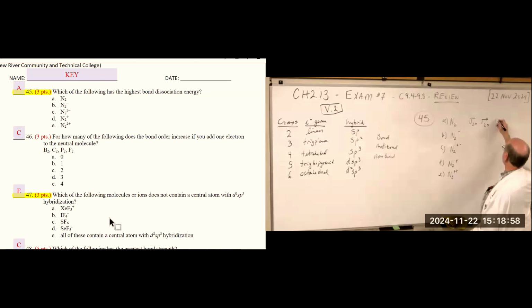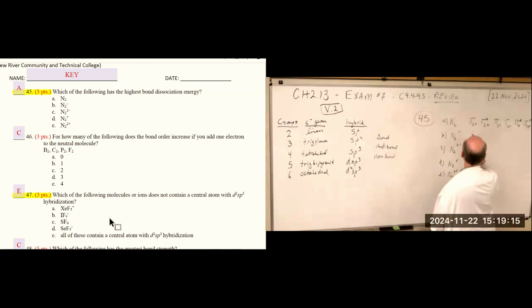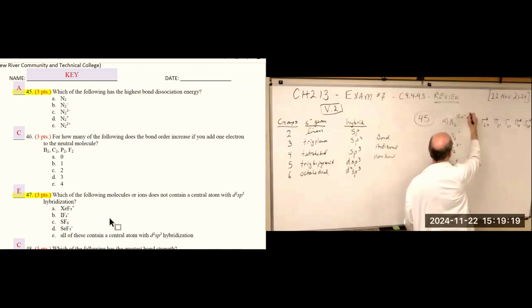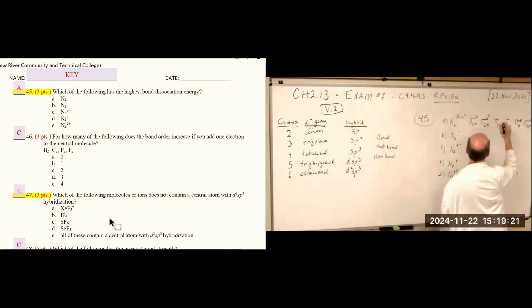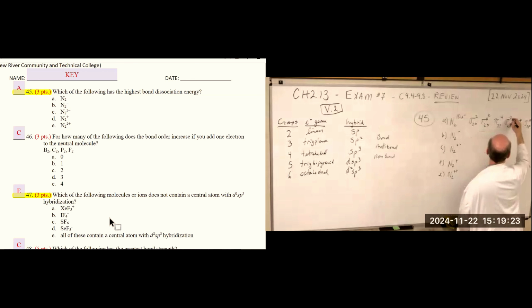Then we'll go to pi 2p, sigma 2p, and then we would go to pi star. And we'll see if sigma. We may need that, we may not. Okay, so that means we have 10 valence electrons here. 2, 4, 8, and 2.